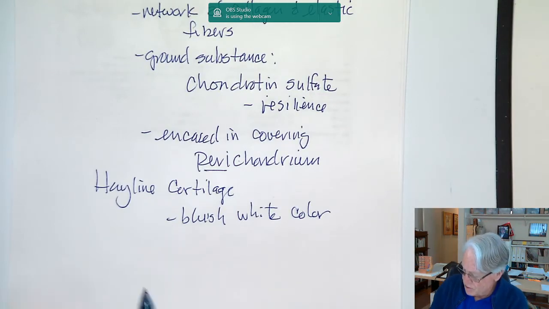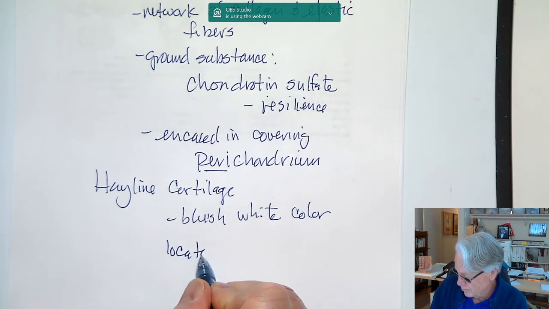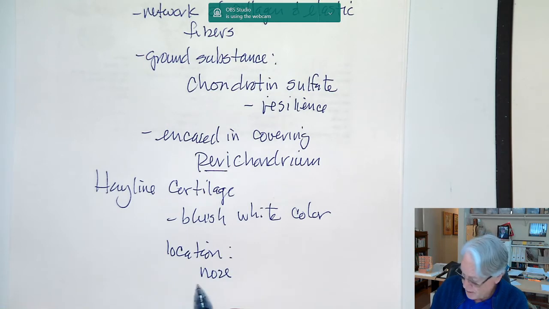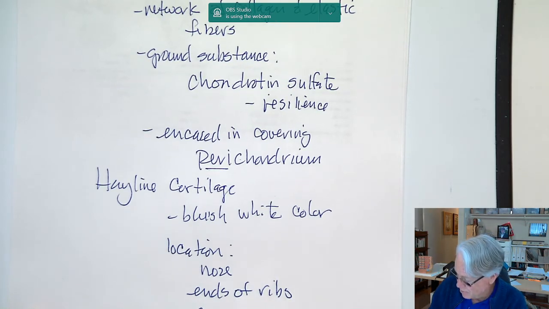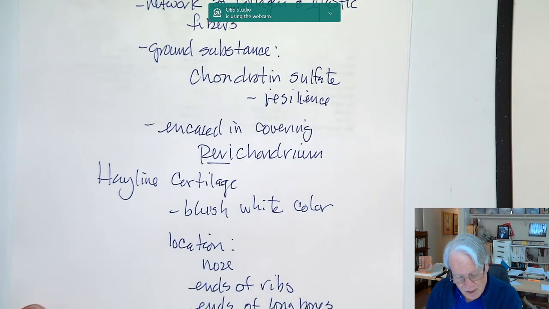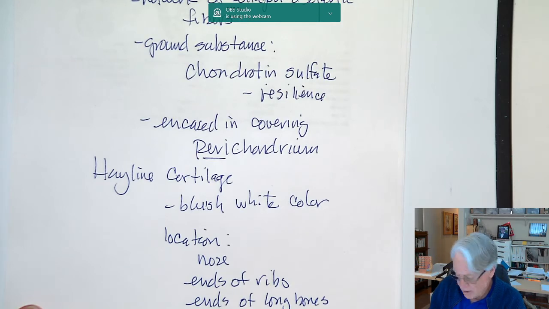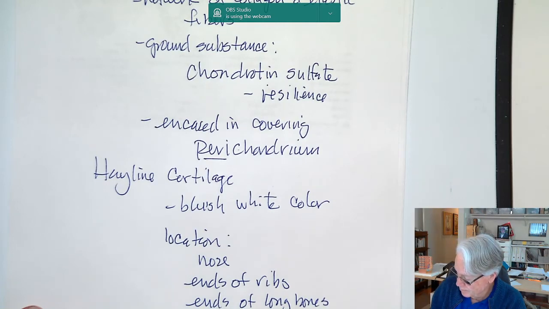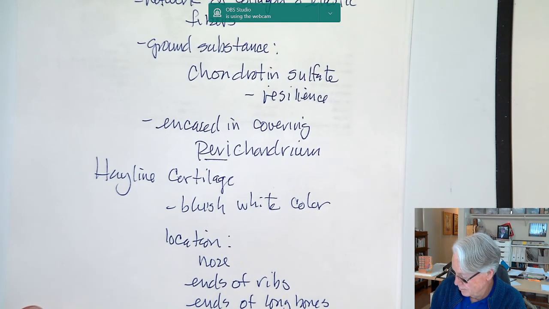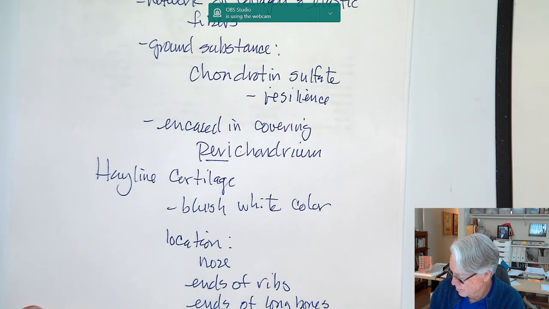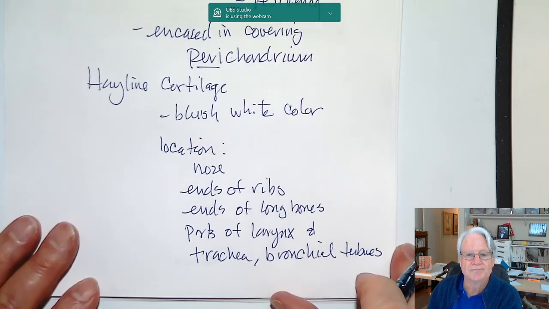And its location is the nose, the ends of ribs, ends of long bones, and parts of the larynx and trachea, as well as bronchial tubes. Okay.